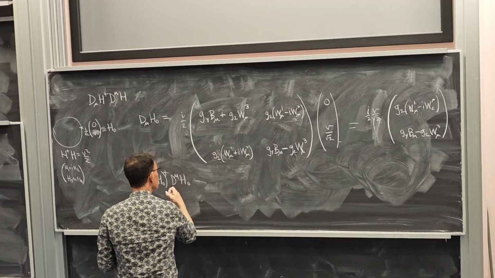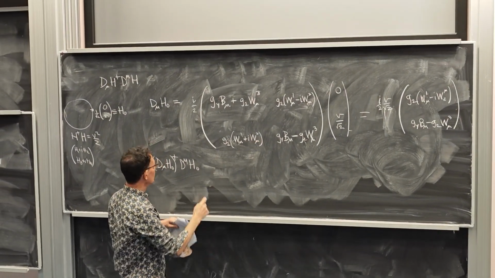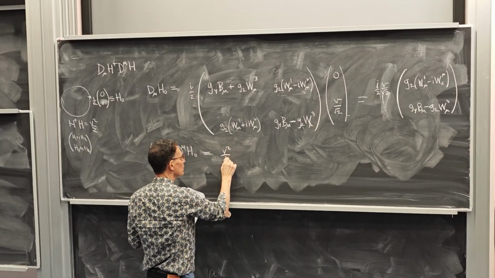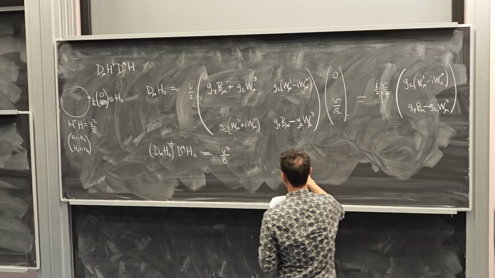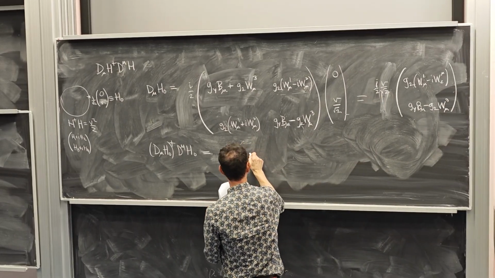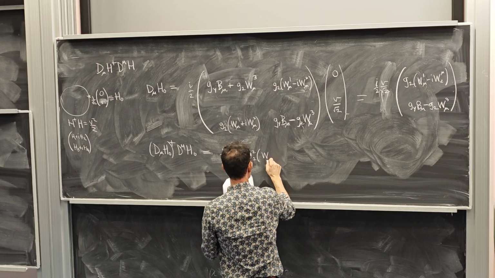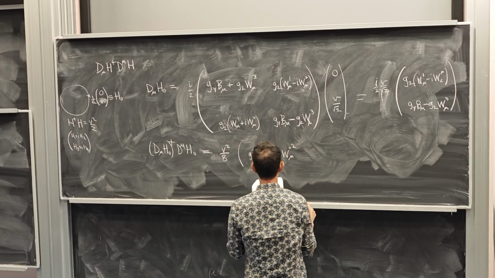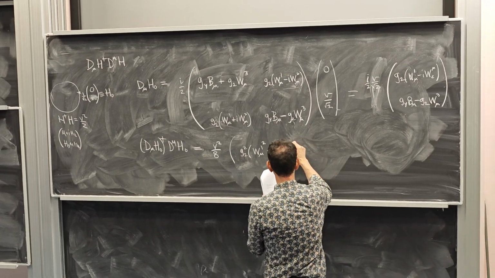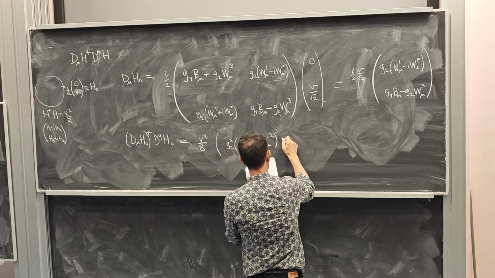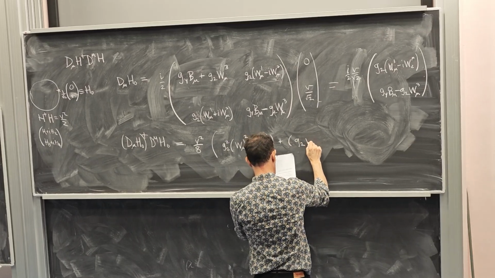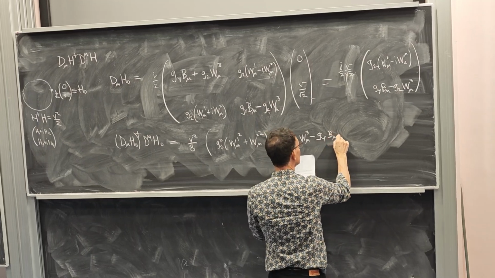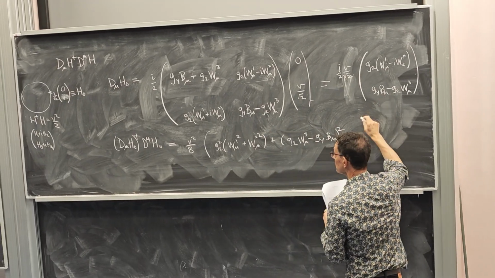So now I calculate the mod squared of that complex vector, and I get V squared over 8 from this factor, and then I get G2 squared W mu 1 squared plus W mu 2 squared. And then I get plus G2 W mu 3 minus g_Y B mu all squared. It's just this term squared.